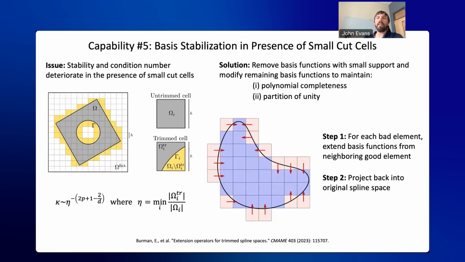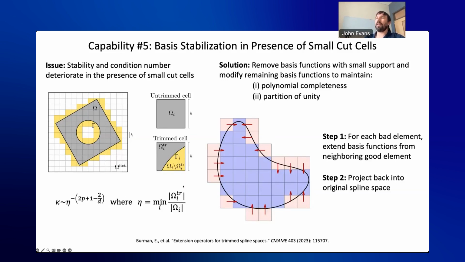And one thing that I did not talk about today is that immersed methods do exhibit some issues when you've got very small cut cells, in particular when the ratio of the cut cell volume to the background cell volume is particularly small.